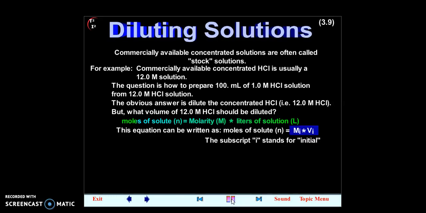The subscript i stands for initial. So Mi equals initial molarity, Vi equals initial volume.